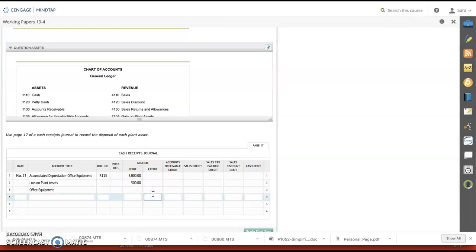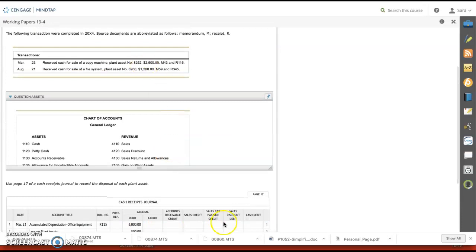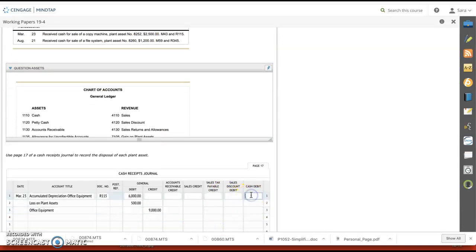So I'm going to put that, 9,000, in the general credit. And then the last thing we have to figure out is our cash debit. So you could just check your math here, and it should be what we said we sold it for, which would be $2,500.